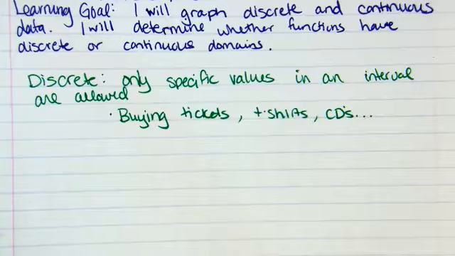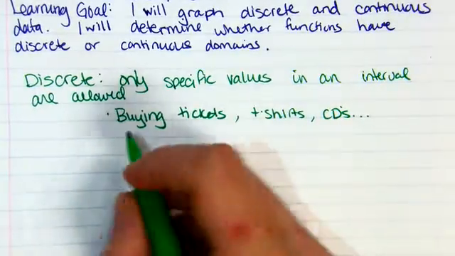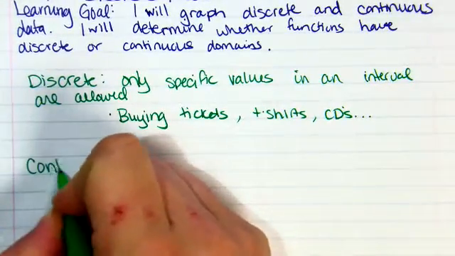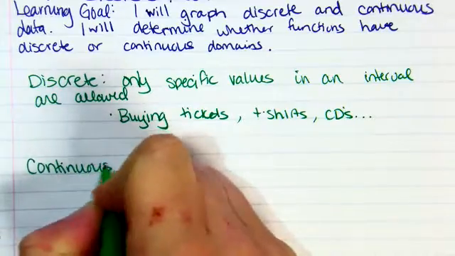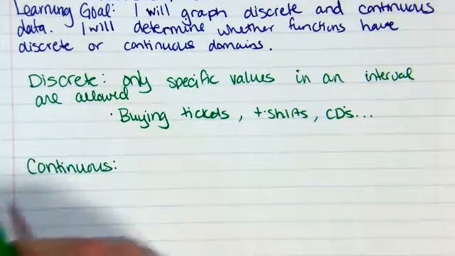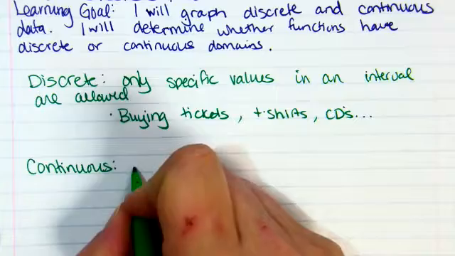So like buying tickets or t-shirts or CDs, all of those situations where you're buying a physical object that can't be split up. And then a continuous domain, or continuous, means that all of the numbers in an interval are allowed.